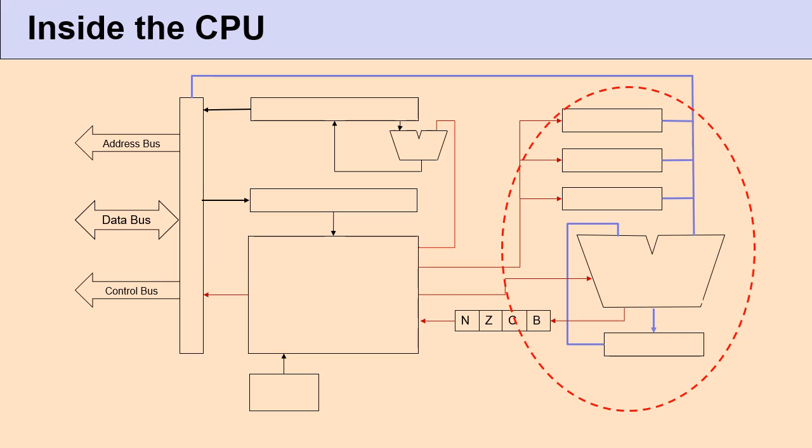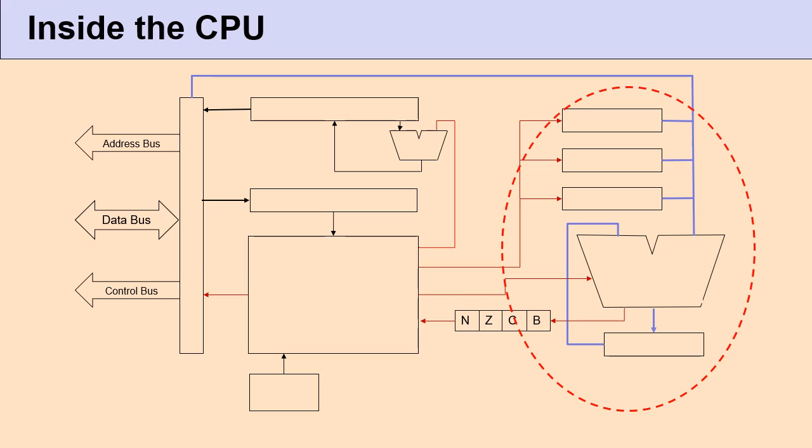Now suppose you want to add the content of register B to the content of register C. In this particular design of the CPU, you will not find an instruction which says add B, C. The reason is that there's no mechanism where you can enable the input of register B to one input of the ALU and register C to the other input of the ALU to do this addition operation.